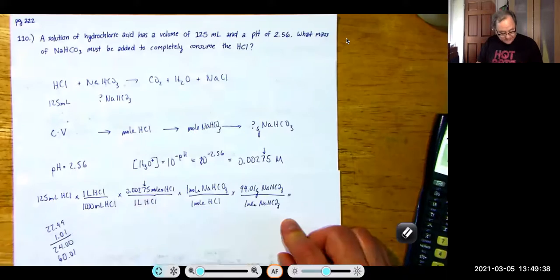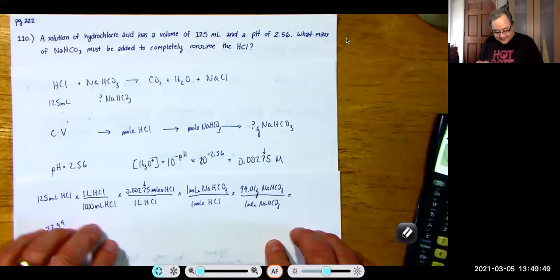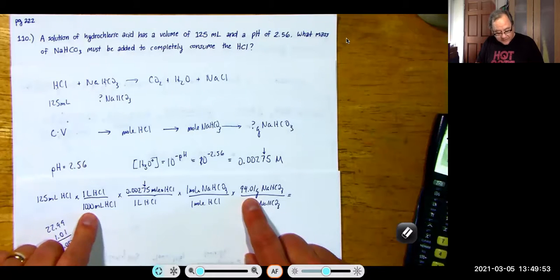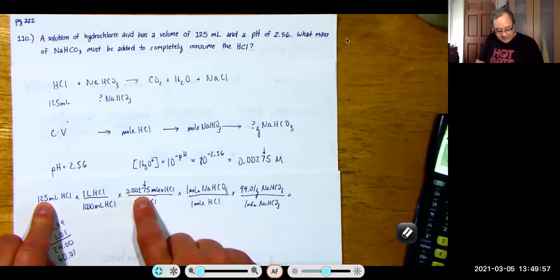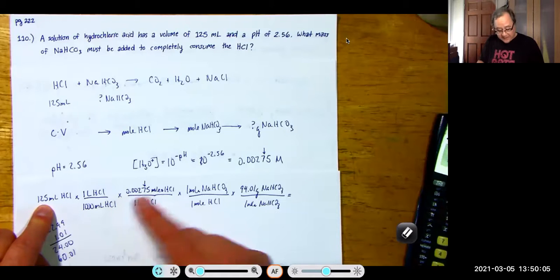I believe. You can double check that. Okay. So let's see what we get for our estimate. 94 will go into that 10 times. 10 will go into that 12 times. 12 times this is going to be like 13 times 0.003, which is going to be like 0.039.